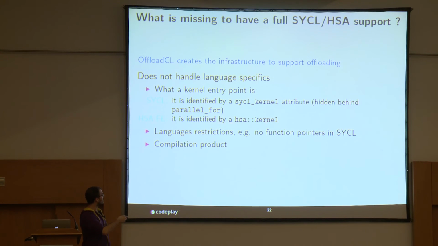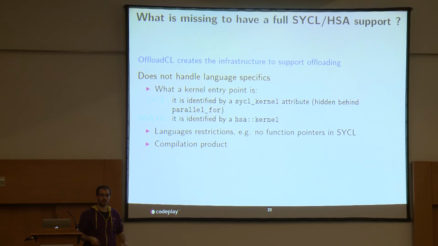HSA had taken a slightly different path. You've already seen this attribute, and so we clearly identify where the kernel entry point is. You also have a mechanism similar to SYCL, where you can just provide a lambda and it gets called by a device. Then there are the language restrictions.